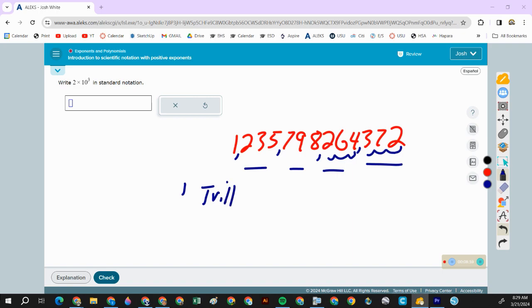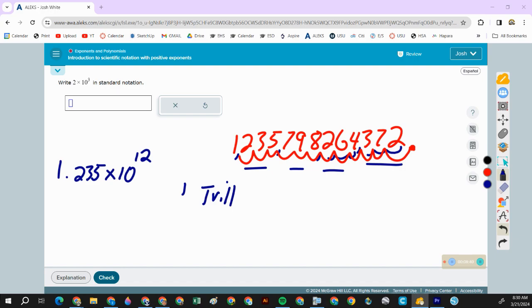And we can actually turn that into a number that's a little bit easier to understand. So right now, my decimal is here. And if I move that decimal 1, 2, 3, 4, 5, 6, 7, 8, 9, 10, 11, 12, I would get 1.235 times 10 to the 12th. Okay?